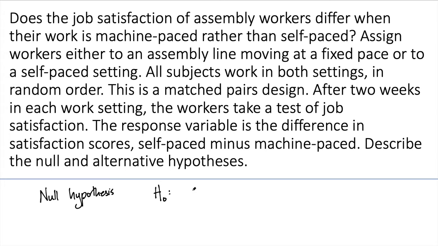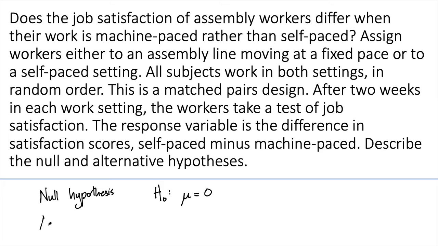Here we are looking at average satisfaction scores, so we're looking at averages, which is mu, the mean. And the null hypothesis is that there's no difference. The response variable is the difference in satisfaction scores. And if we're saying there is no difference, it's the same for self-paced and machine-paced, then we would expect this mean to be 0.